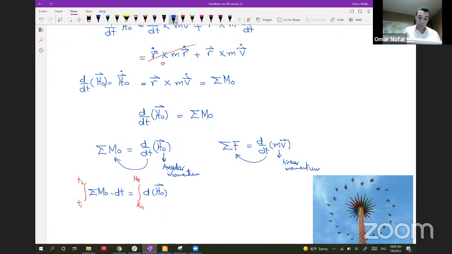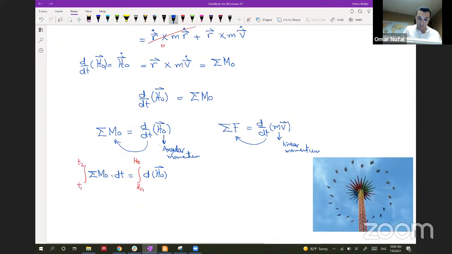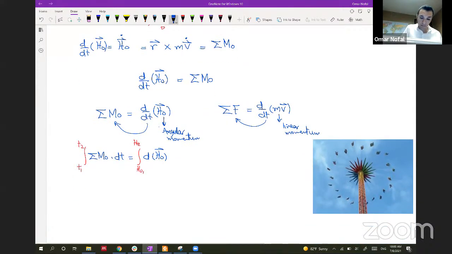this will give you the integration from t1 to t2 of the sum of the moments about O dt, equal to HO vector at 2 minus HO vector at 1.